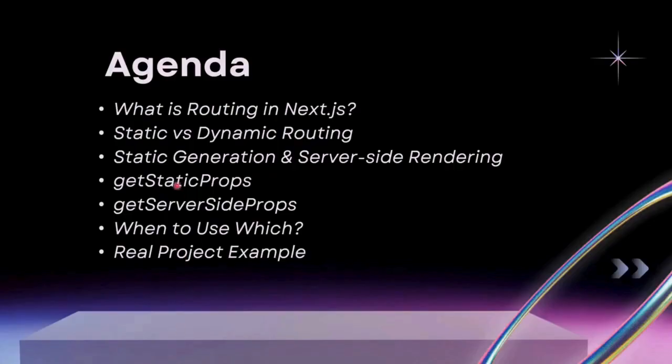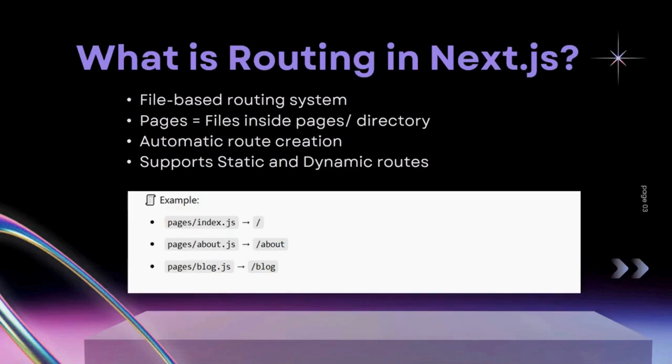Today's context is routing, Next.js routing, static and dynamic, static generation, and getStaticProps, and when we use them in a real-time project. I will explain what routing is in Next.js: file-based routing, where page equals file inside the pages directory, with automatic file creation, supporting static and dynamic routes.